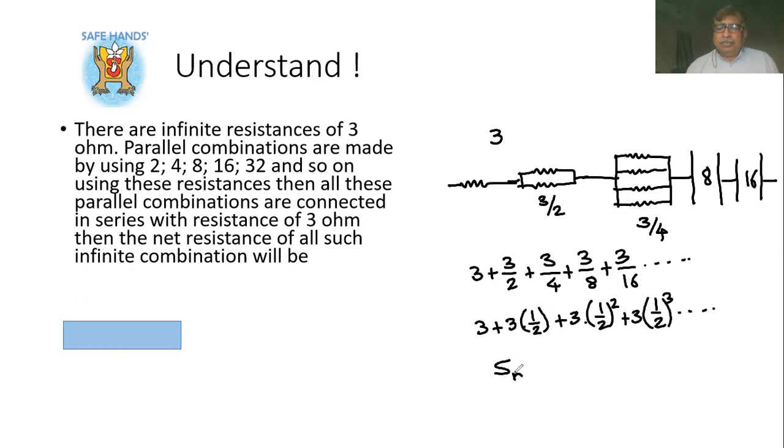Therefore, S infinity over here will be equal to a upon 1 minus r. So it turns out to be 3 upon 1 by 2, which means it becomes 6. And that is the answer over here.